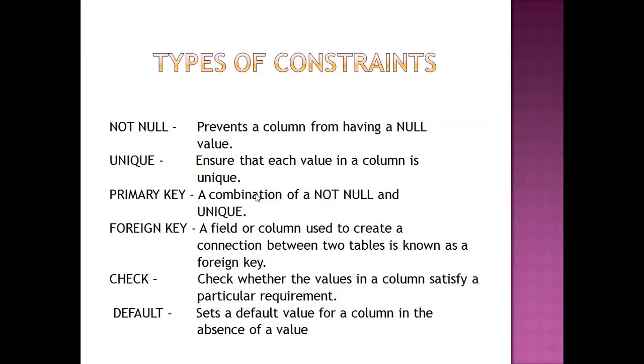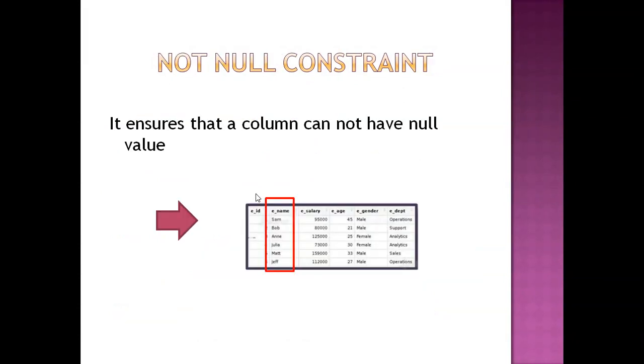Suppose I have given a rule to enter exactly 10 digits, so it will not allow the user to enter 9 digits or 11 digits. So it's limited to 10 digits. That can be a mobile number, because a mobile number cannot be less or more than 10 digits. Last is DEFAULT value. If I set a default, it will set a default value, whatever I give. Now let's see in detail what these are.